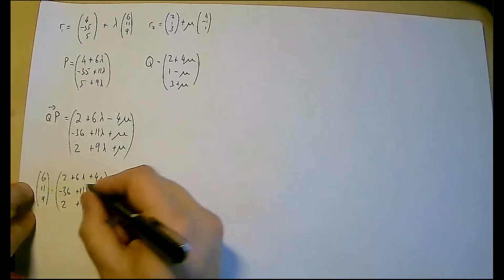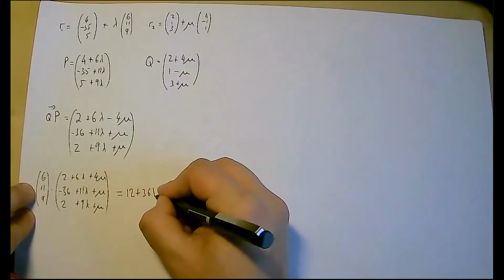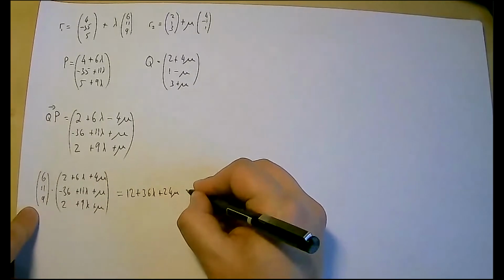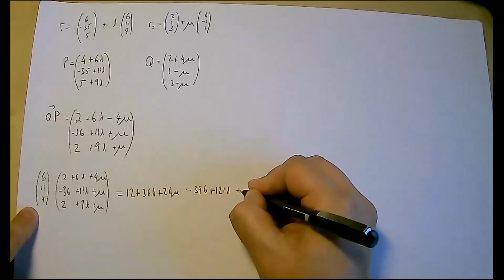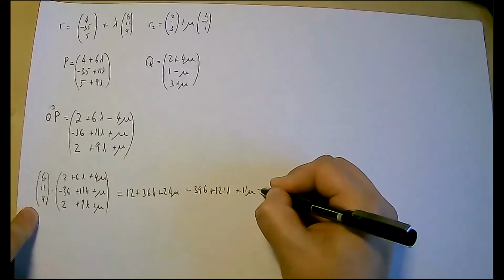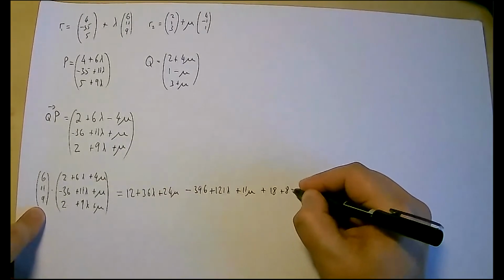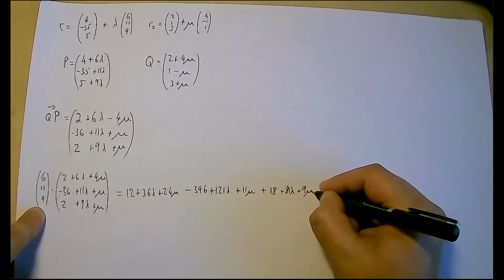With that, we get 6 lots of that thing, which is 12 plus 36λ minus 24μ, plus 11 lots of this thing. So that's take 396 plus 121λ plus 11μ, and 9 lots of that. So plus 18 plus 81λ plus 9μ.